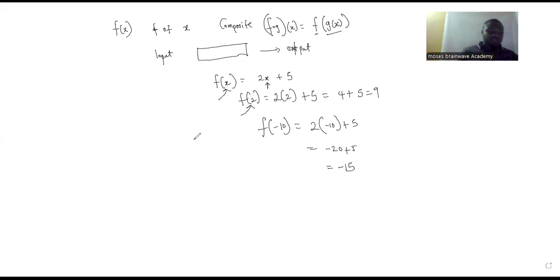Now, when I talk about the composite function, you're talking about having other functions coming into play. I have a function, f of x, given by, let's say, x plus 1. I'm giving g of x to be equal to, let's say, x squared plus 1.